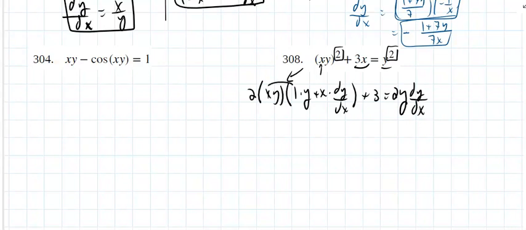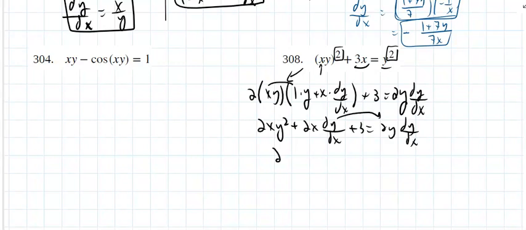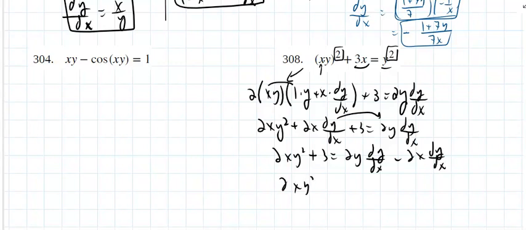And now, distribute that in: 2xy squared plus 2x dy dx equals plus 3 equals 2y dy dx. Move all the dy dx's to one side, everything else on the other side. Factor dy dx, and you end up doing that most of the time.